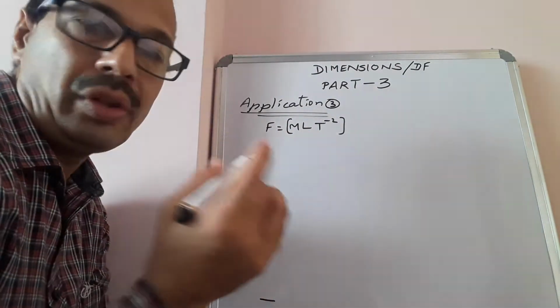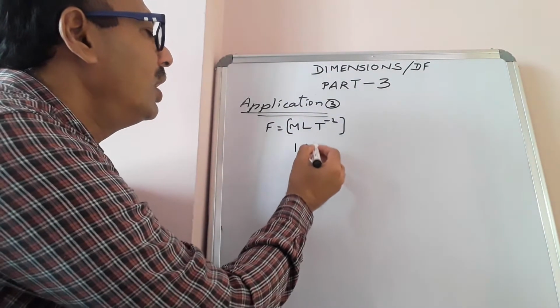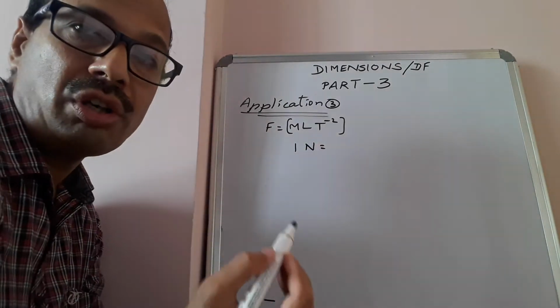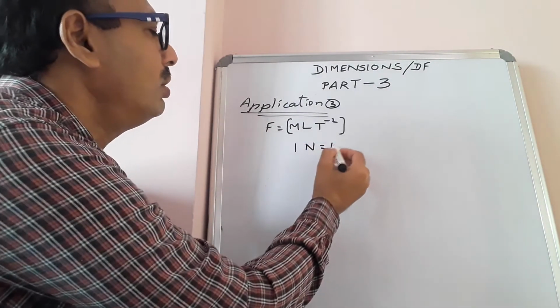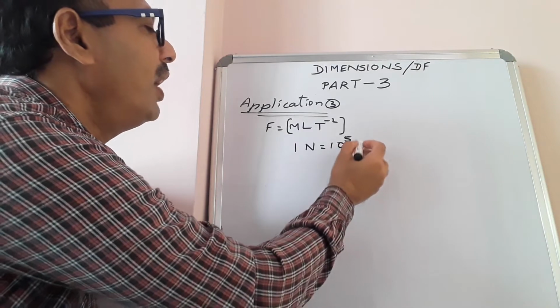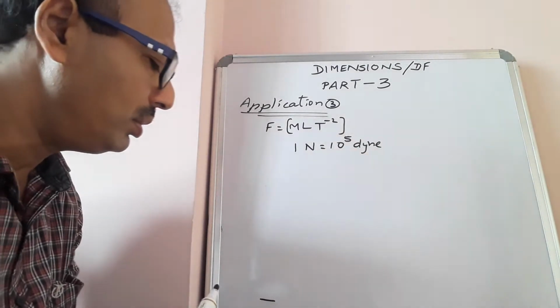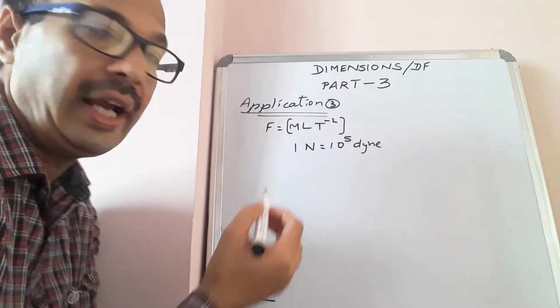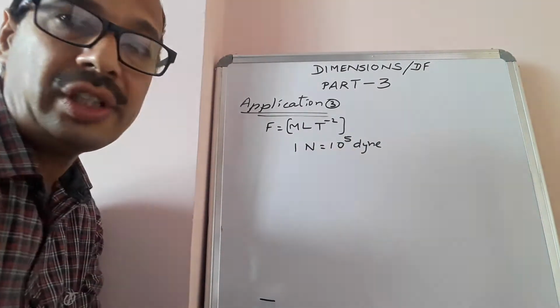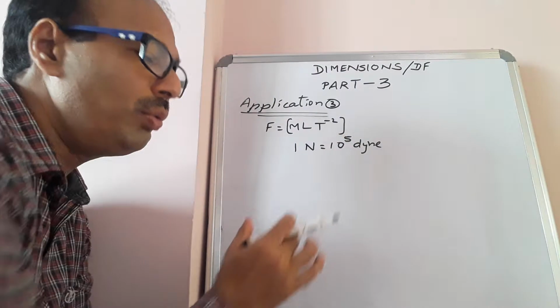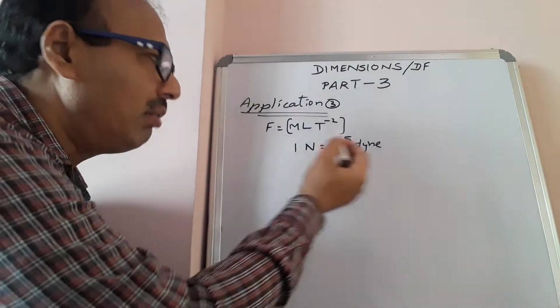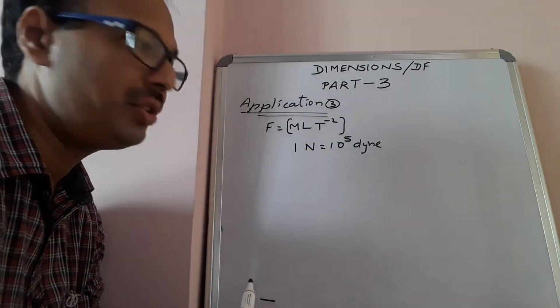Now, if you know the conversion of unit, 1 Newton is equal to 10 power 5 dyne. This is in SI system, this is in CGS system. Now how do we derive this? How do we convert from one system to another system?